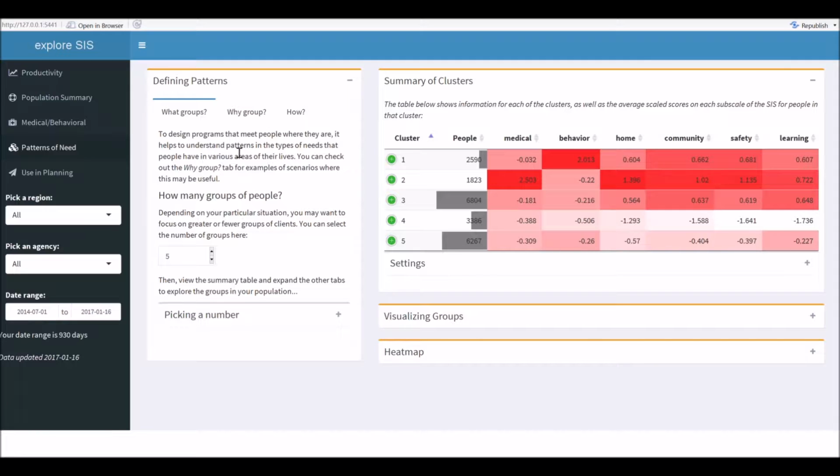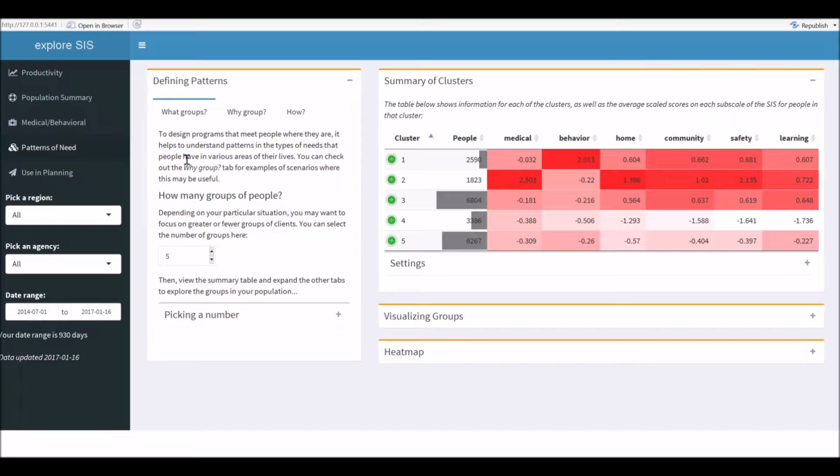They have different areas of their lives that they have greater needs in or fewer needs in. How do we understand that at the population level? Obviously, looking at one person's assessment versus another person's assessment would help us look at the differences between two individuals. But when we have something like 25,000 individuals, that becomes a different kind of question.